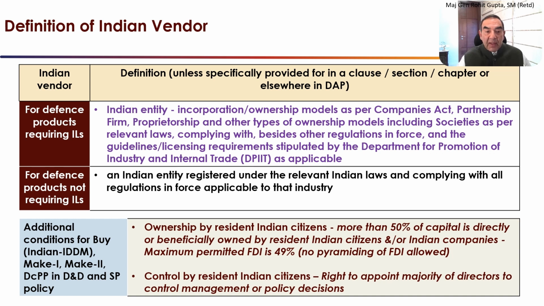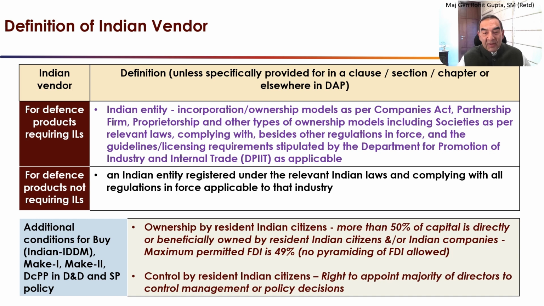However, please keep in mind, there are additional conditions for Buy Indian IDDM, Make 1, Make 2, Design cum Production in the Design and Development Model, and the Strategic Partnership Policy, where major procurements are carried out under these categories or schemes.